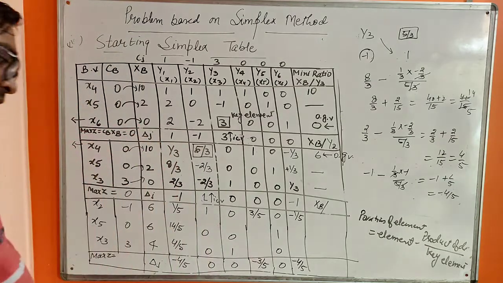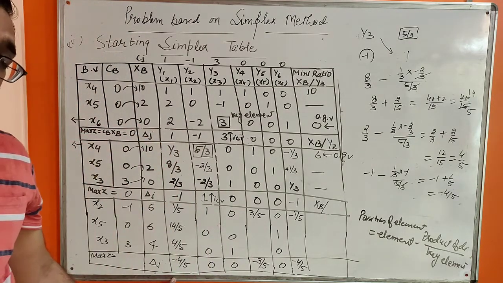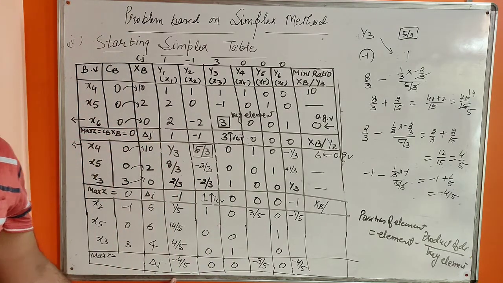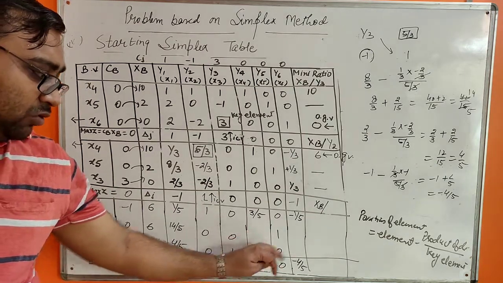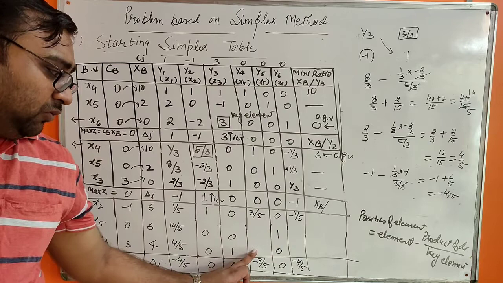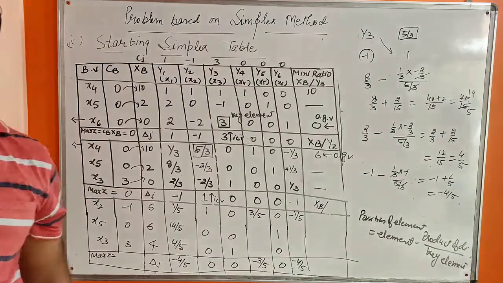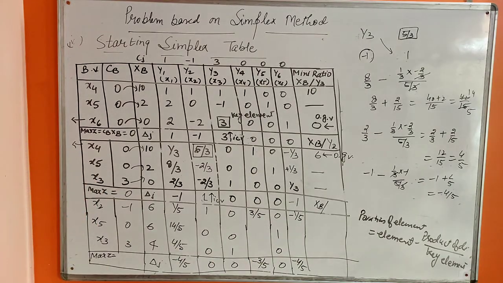Now see, all delta j are either 0 or less than 0. So it is now your choice whether you want to find all these elements or not. If you want to find, then find. If you do not want to find, no need, because the step is completed.